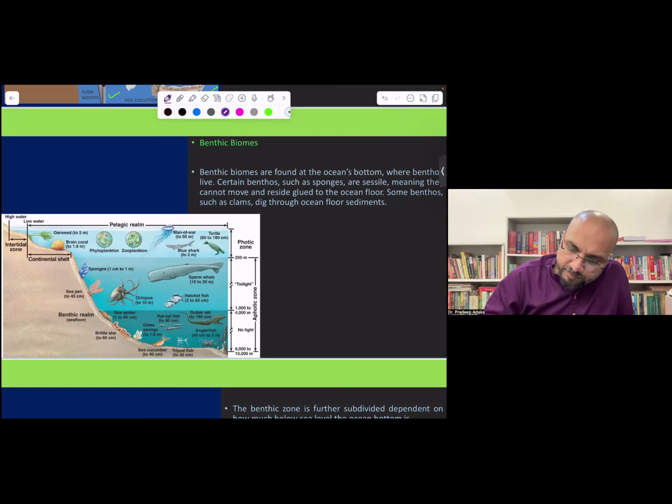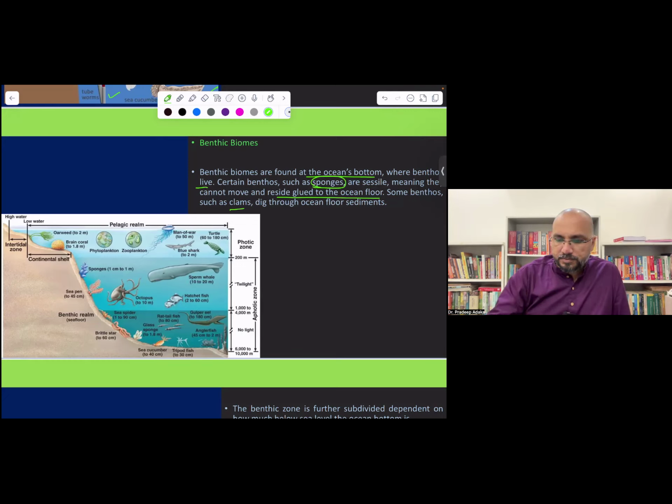So benthic biomes are found at the ocean bottom, where benthonic organisms they live. So some of the examples are sponges. So these are sessile, they cannot move, and they reside glued to the ocean floor. Some benthos such as clams, these are bivalves.